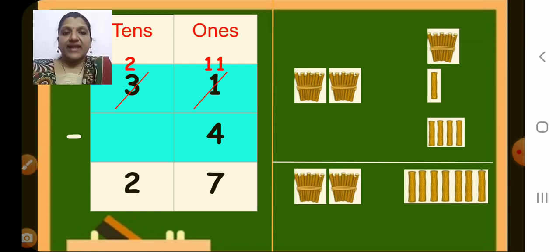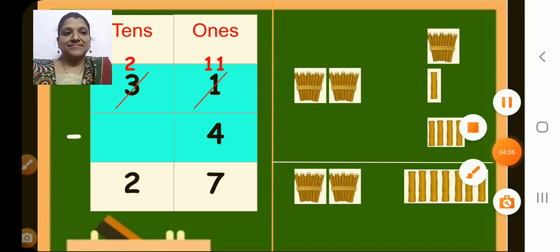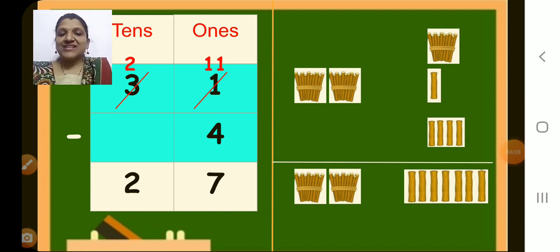And in the example also, we will strike off 3 and put the number 2 above it. 3 minus 1 equals 2 because 1 has been borrowed by the ones place. Now write the number 2 as it is in the total. So here we get 2 tens plus 7 ones. Hence, the subtraction of 31 minus 4, the answer is 27. Have you understood this, children?